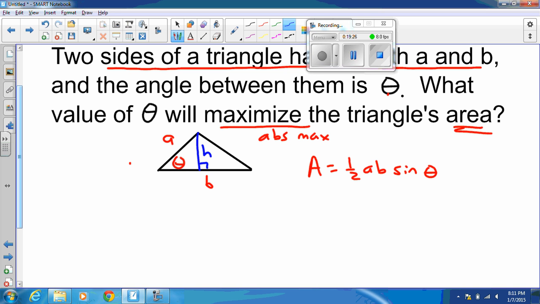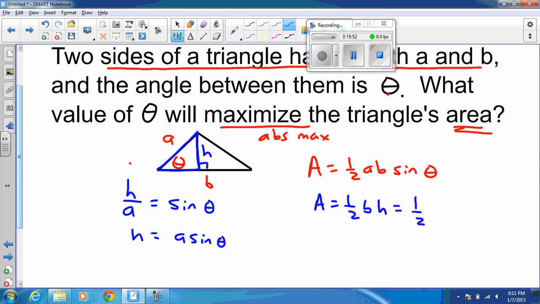We know that the area of a triangle is 1/2 base times height. So if I draw myself a height and label it, and you see that we have a right triangle here, then height over A is equal to the sine of the angle between the two. That's opposite over hypotenuse. And therefore, height is equal to A times the sine of that angle.